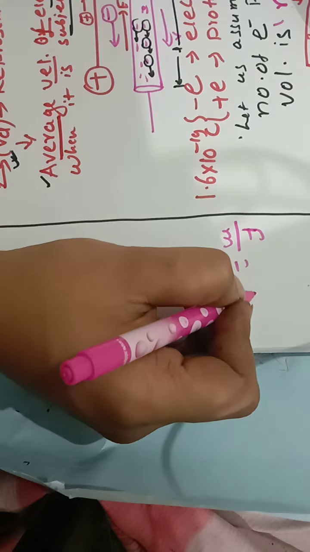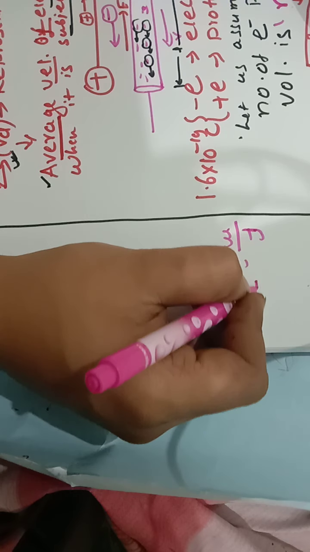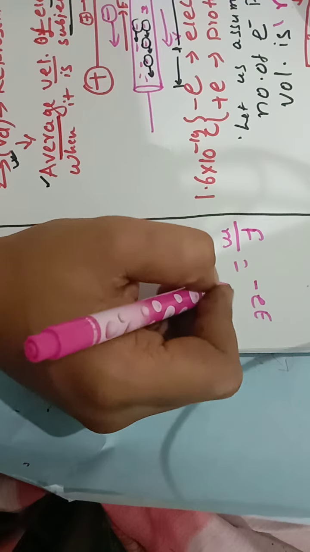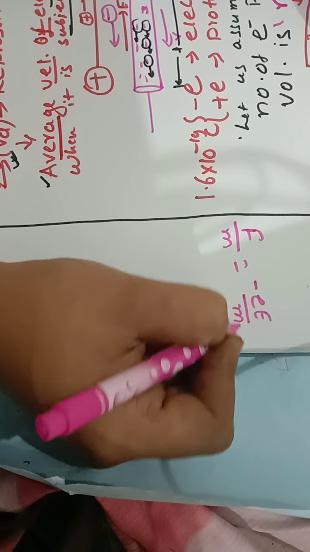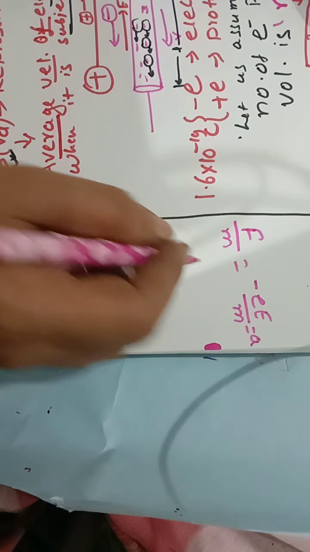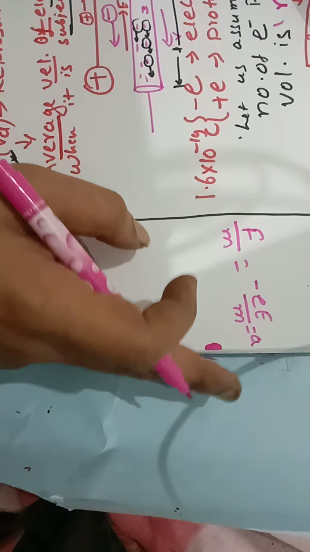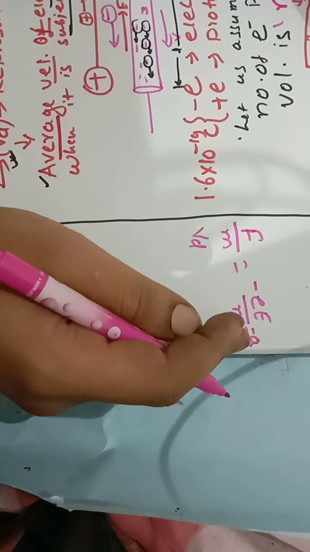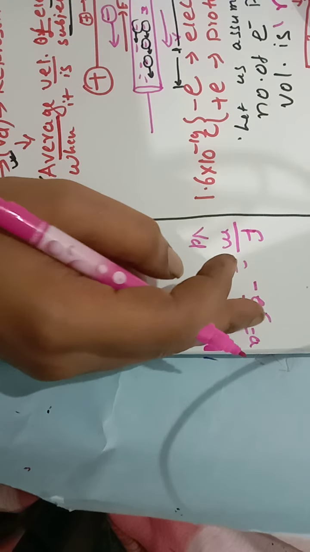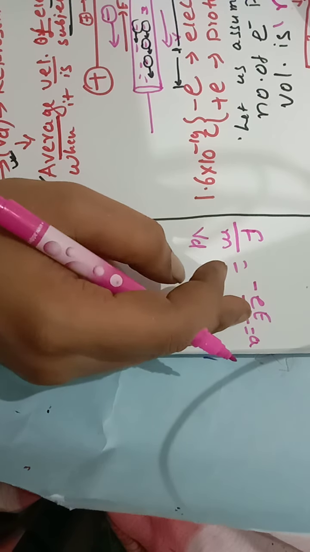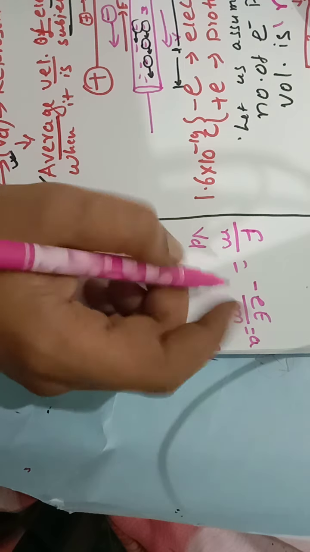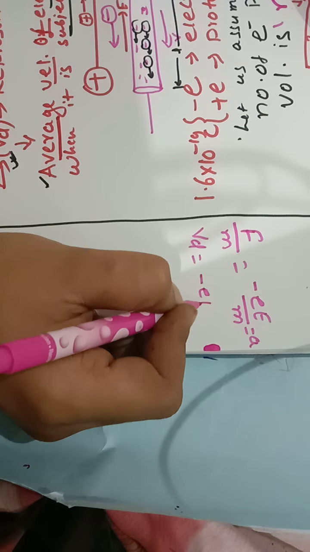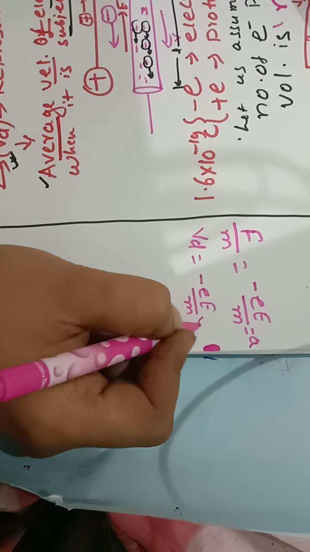F was minus e into E, electronic charge into electric field, divided by m. Do we need the acceleration? No, we need the drift velocity. If this is the acceleration of the electron, the velocity of the electron can be represented as minus eE by m into t.